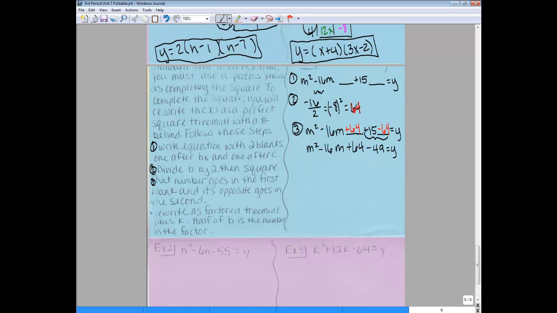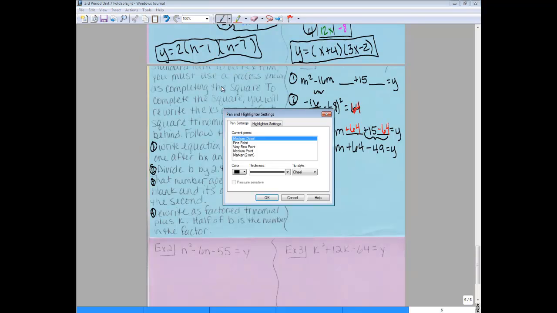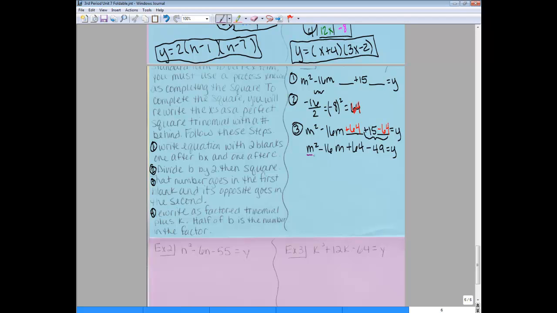Okay, the fourth step is rewrite as factored trinomial plus k. That's just a lot of gibberish, just to say to factor it, kind of like we did before. I'm only factoring a part of it. This is the only part that I'm actually factoring. Okay, and it will be factored.